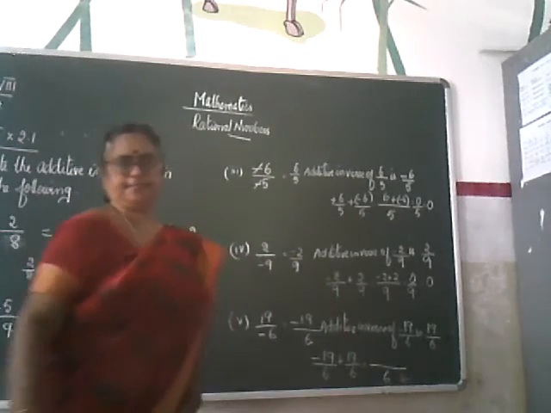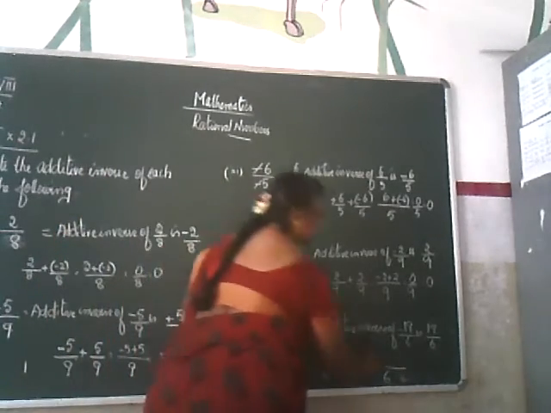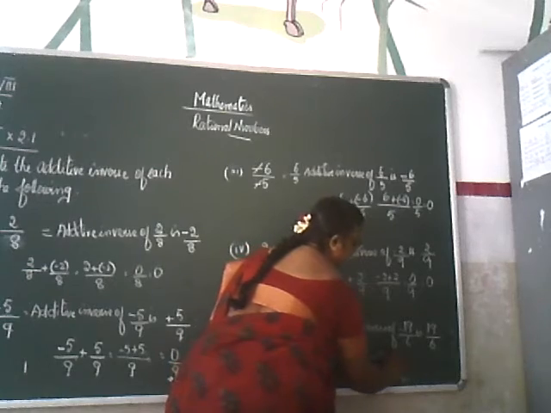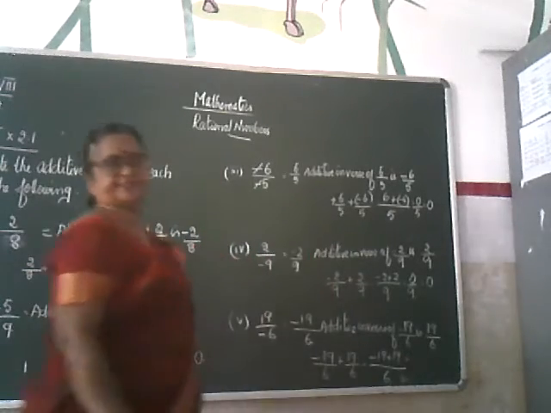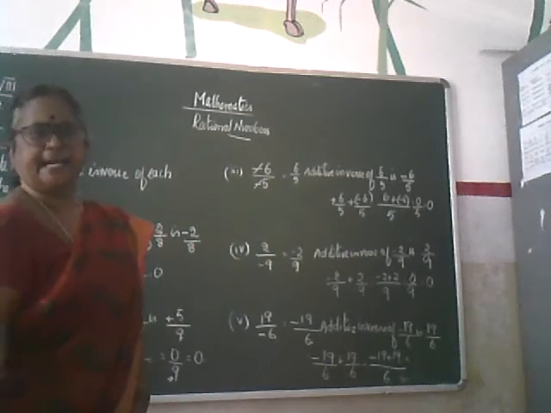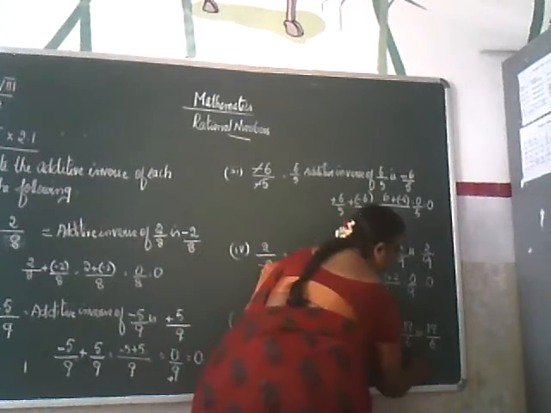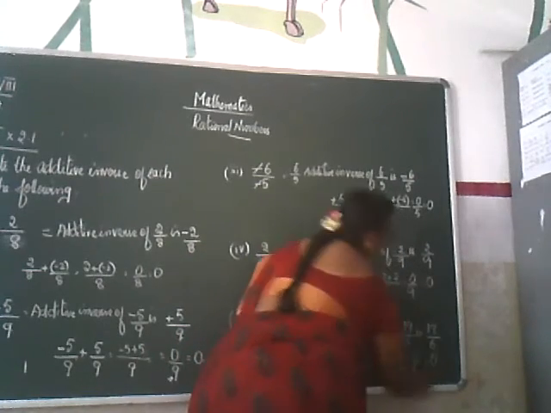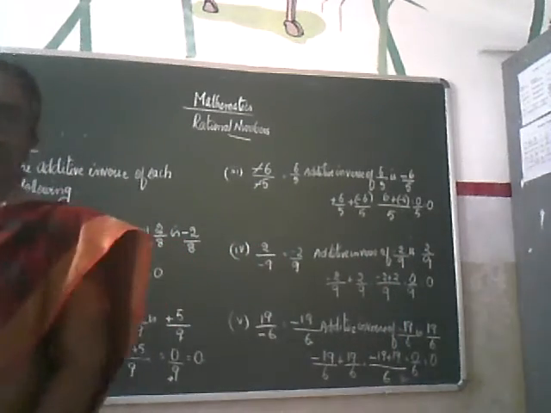Denominator is same, 6, minus 19 plus 19. Yes, two different signs. Subtract. 19 minus 19 is 0. 0 by any number is 0.